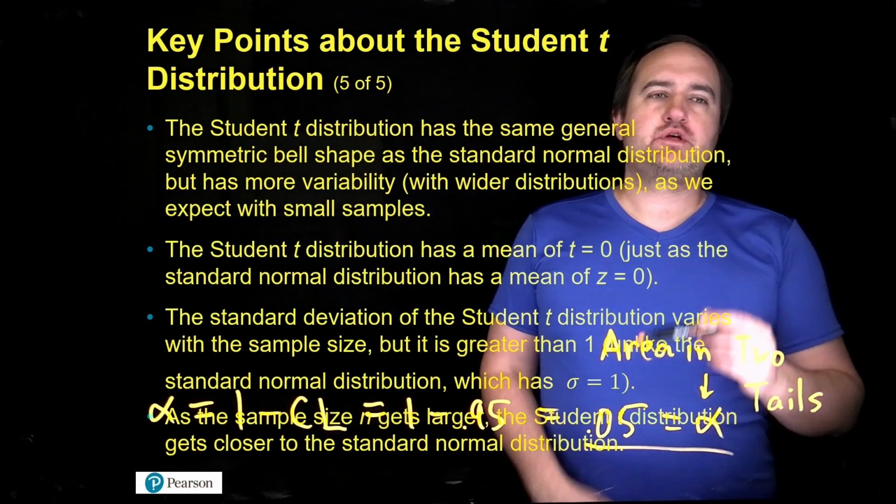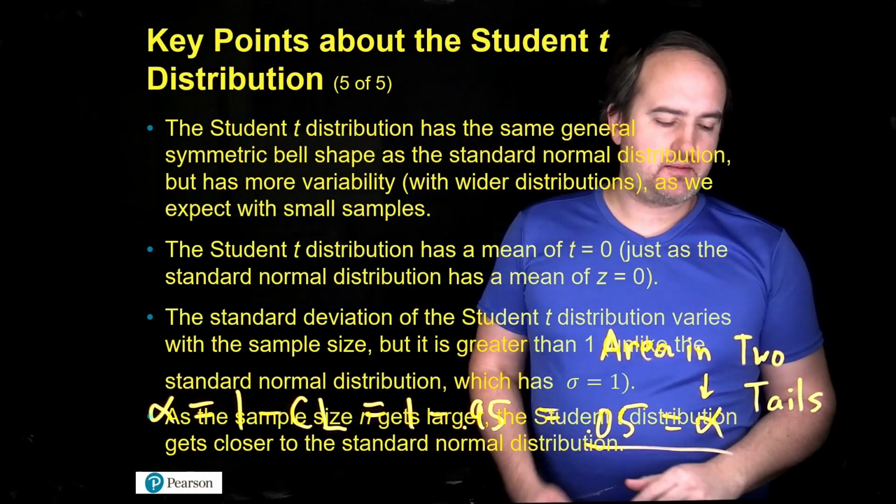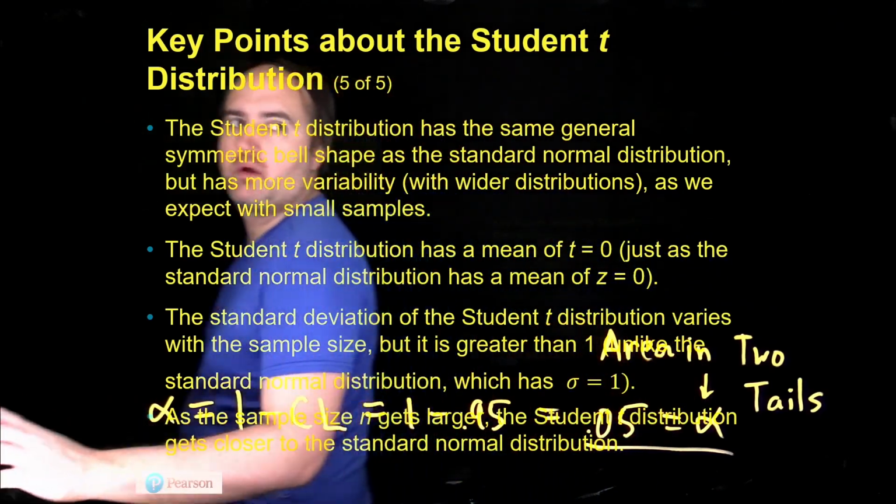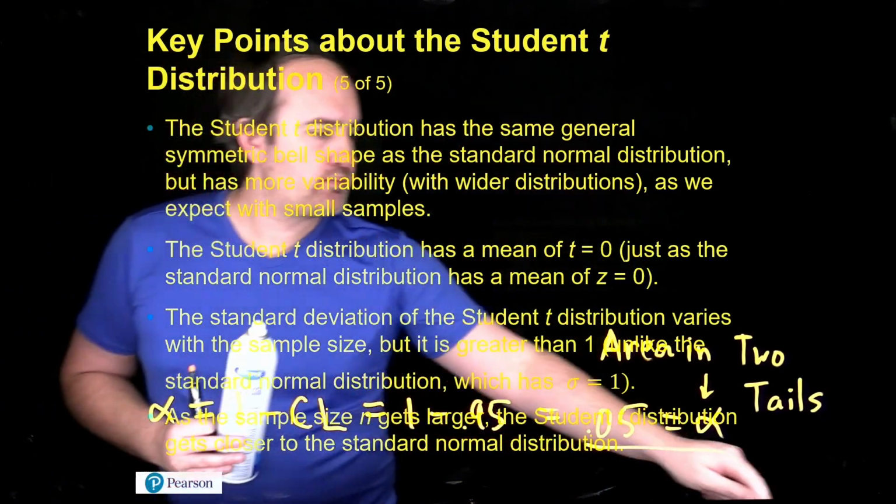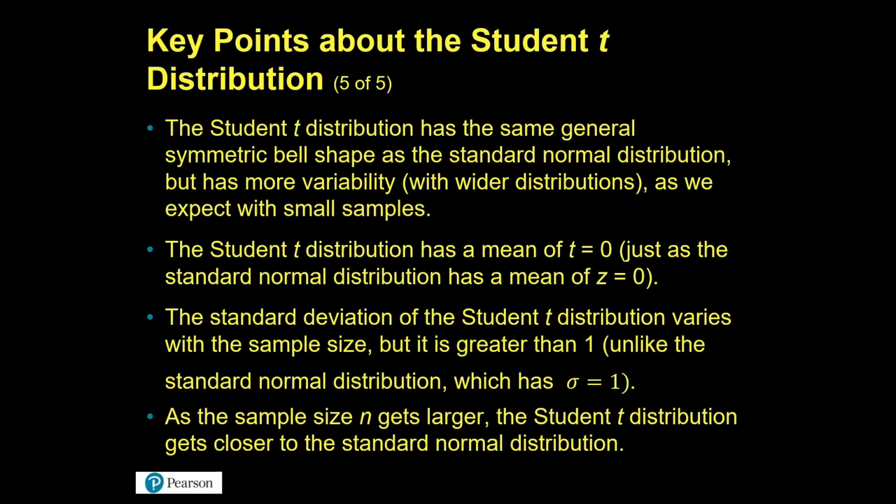All right. So the student t distribution has the same general symmetric bell shape as the standard normal distribution, but it has more variability, as we expect with small samples. The student t distribution has a mean of t equals 0.